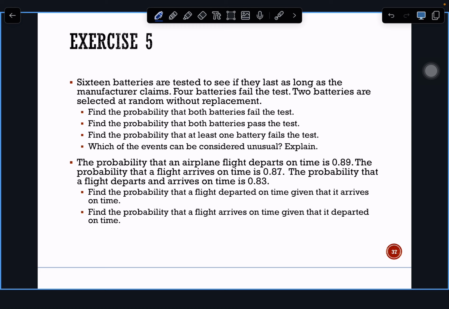Okay. Alright, so second, we have a lot of information here. First, we have 16 batteries. Obviously, we have 16 batteries. Second information, 4 batteries failed the test.